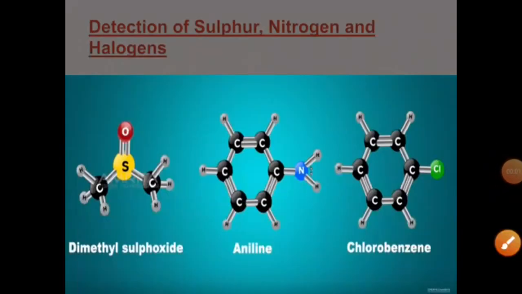In organic compounds, the elements such as carbon, hydrogen and oxygen are assumed to be present. Other elements like sulfur, nitrogen and chlorine may also be present.